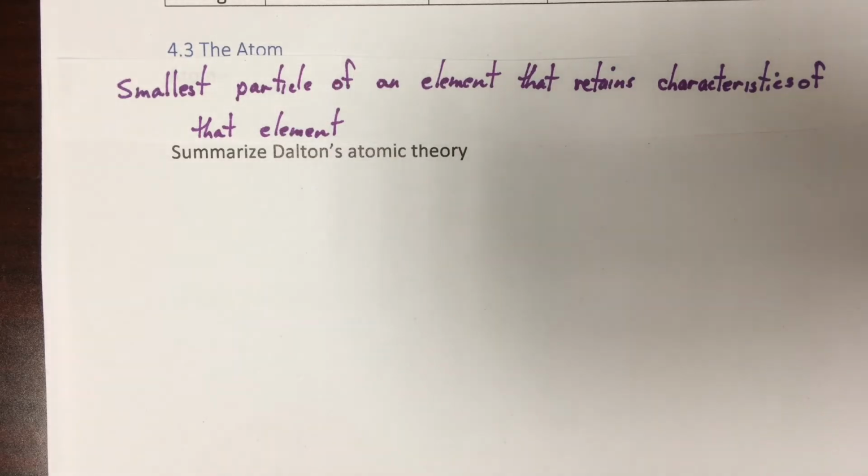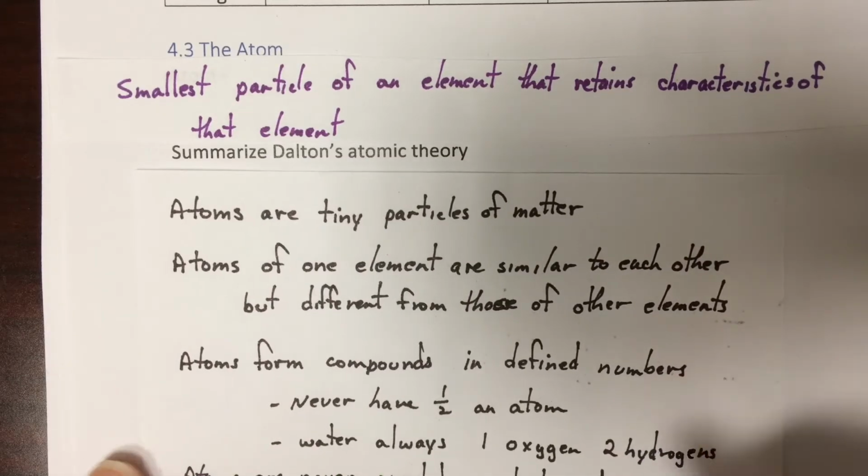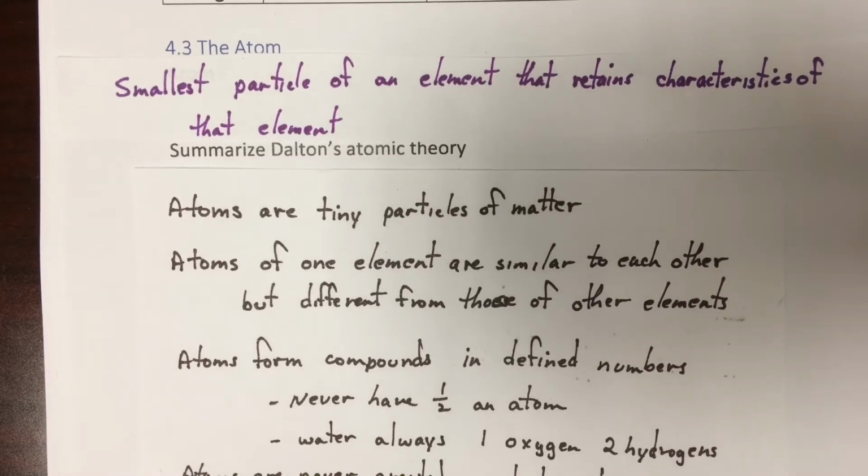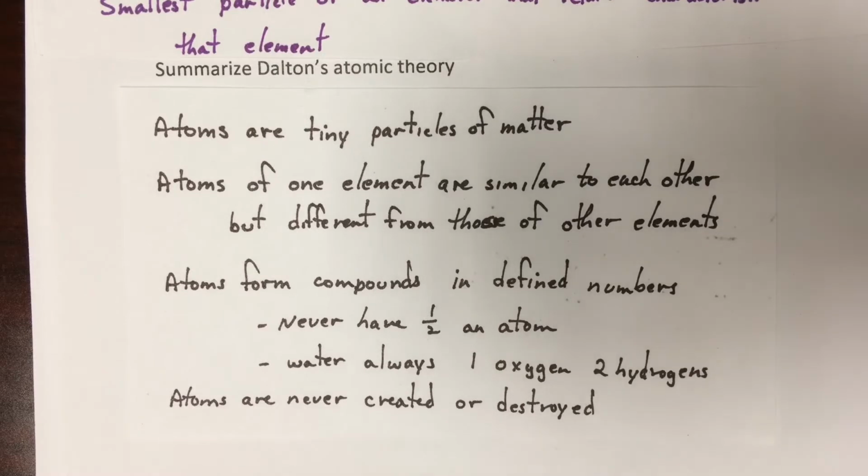And atomic theory was first summarized by Dalton in the early 1800s, so it's been a long time ago, but we still use his atomic theory, or at least a good portion of it.